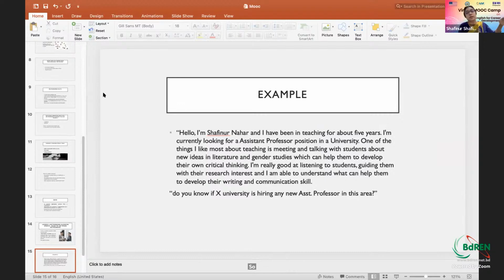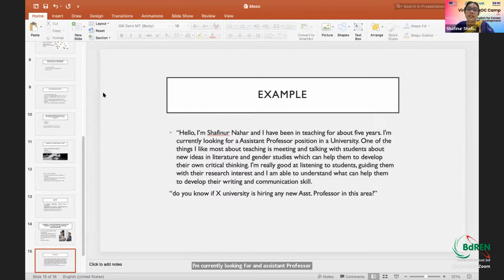For example, I have actually prepared this one, giving my own example. Hello, I'm Shafinun Nahar, and I have been in teaching for about 5 years. I'm currently looking for an assistant professor position in a university.